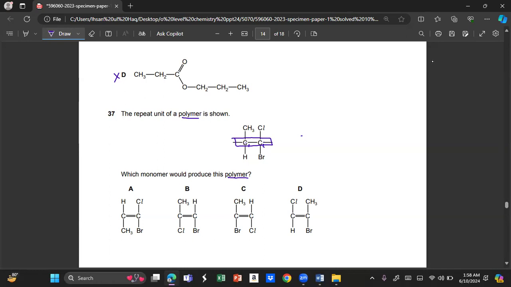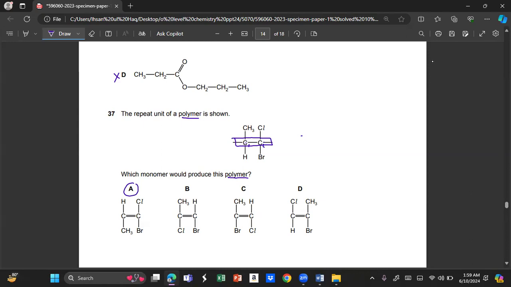That is why they get added up to make a large complex chain of polymer which may contain 50 to 50,000 monomers containing double covalent bonds between carbon atoms. So see which option is fulfilling the demand. CH3 and H, CH3 and H, yes. The other carbon has Br and Cl. It looks correct, but we have to see the other options as well.